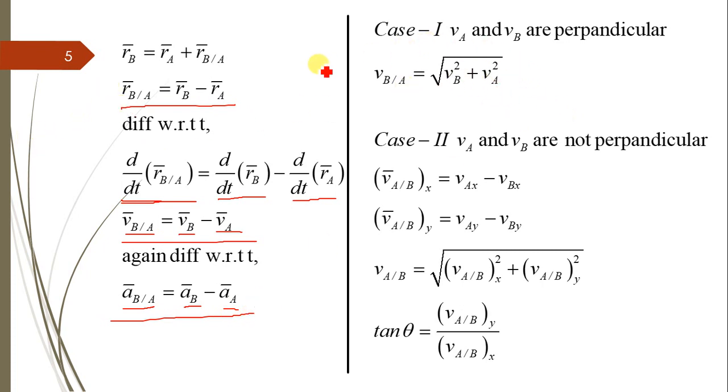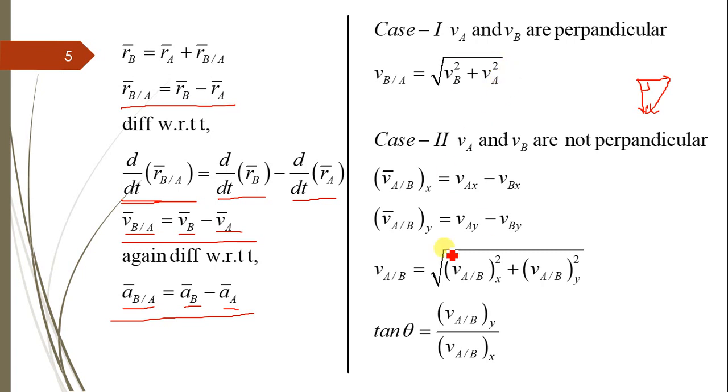Now case number 1: VA and VB are perpendicular. It means object A is moving, and perpendicular to that the second object B is moving. Then in that case the relative vector A to B or B to A, by Pythagoras, is equal to the square root of VB square plus VA square.